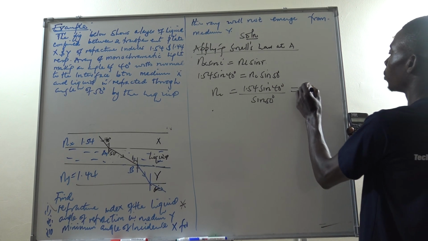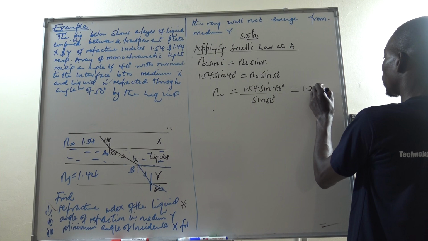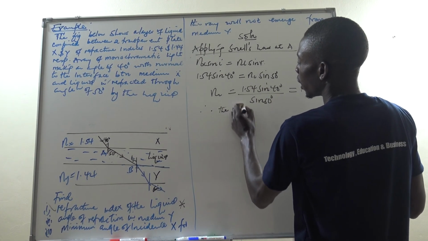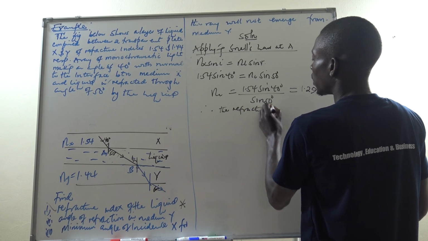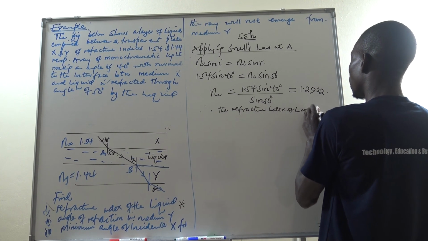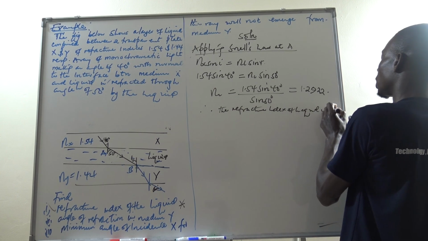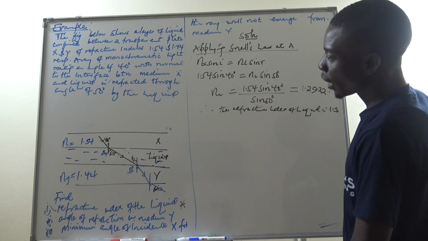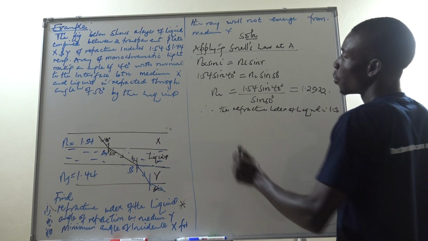That is 1.2922. But we can say therefore the refractive index of liquid is 1.3. We can conclude as 1.3. That is for Roman 1.